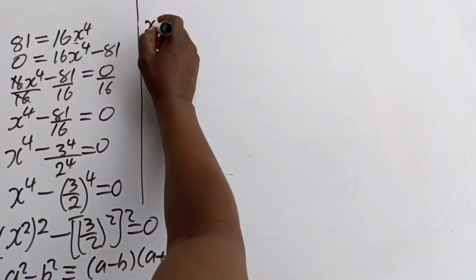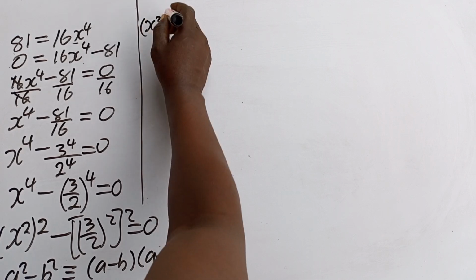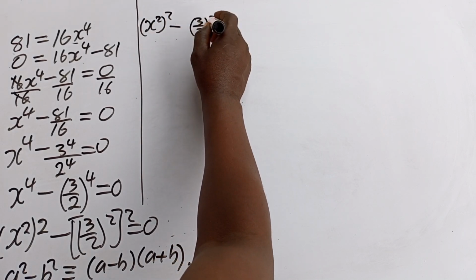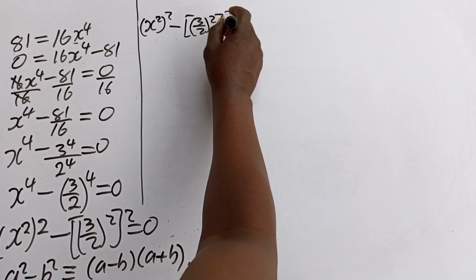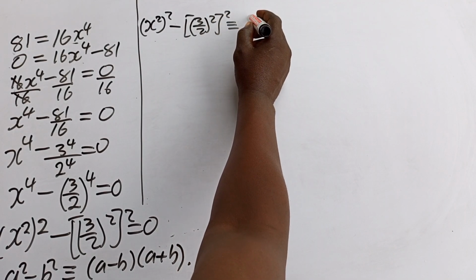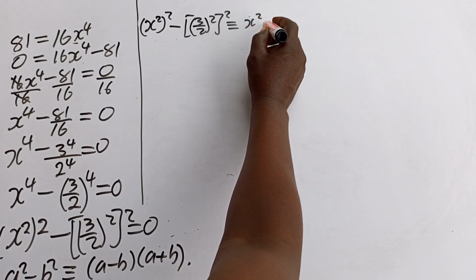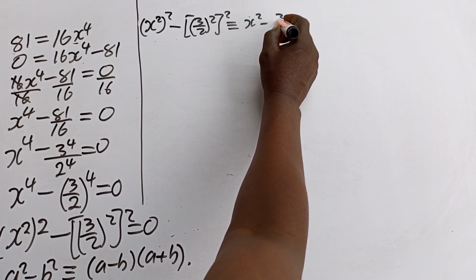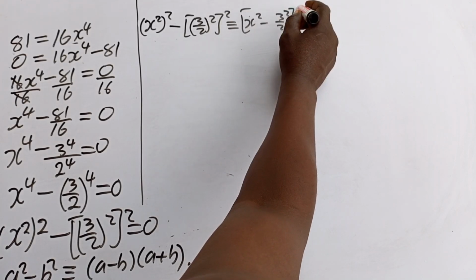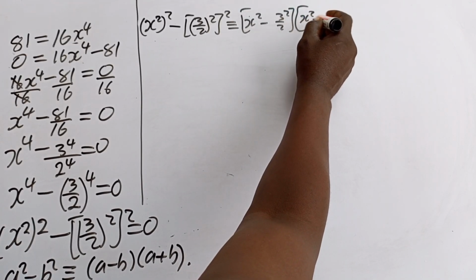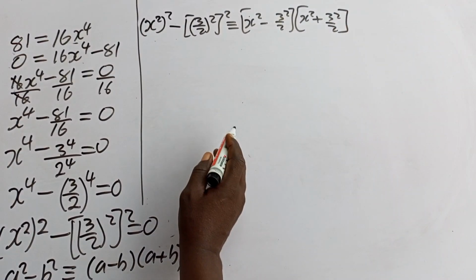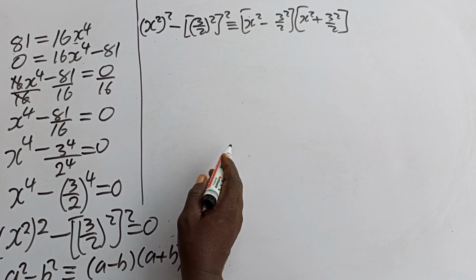We have (x squared minus 3 all over 2) squared will be identically equal to (x squared minus 3 all over 2) squared into (x squared plus 3 all over 2) squared, when we use the difference of squares identities.